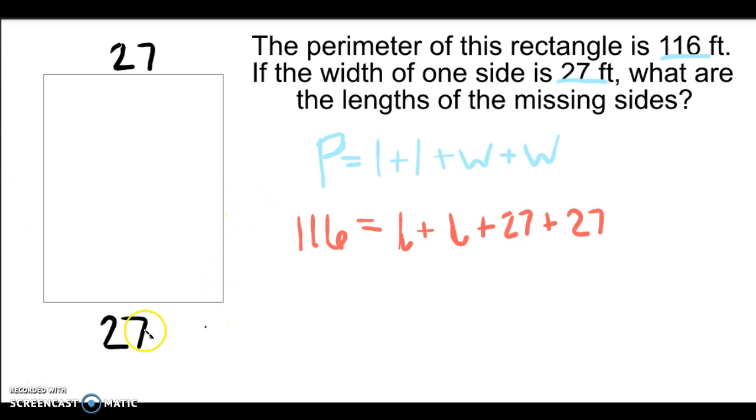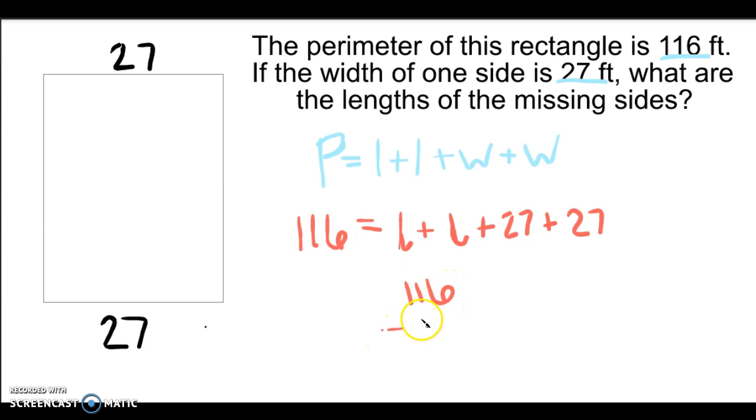So if I know that this plus this plus this plus this equals 116, I can go backwards to find the length of the missing sides. And if I'm doing the opposite or backwards addition, I'm subtracting, right? So I'm going to start subtracting the side lengths that I do know. So 116 is my perimeter.